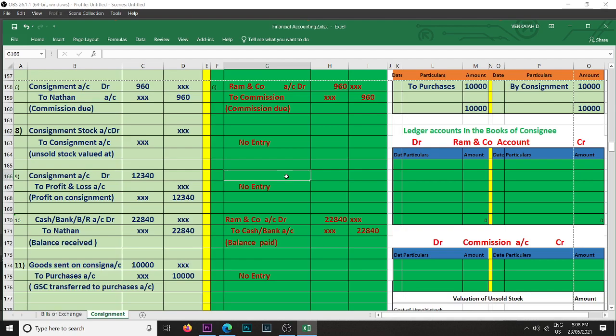First entry, no advance paid. Second entry, Ram account debit to bank account for expenses. Bank account. Amount is 200.